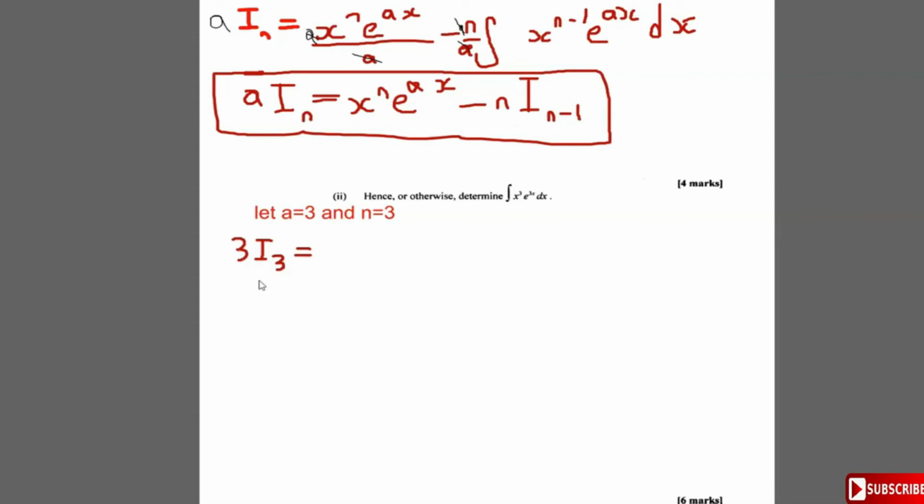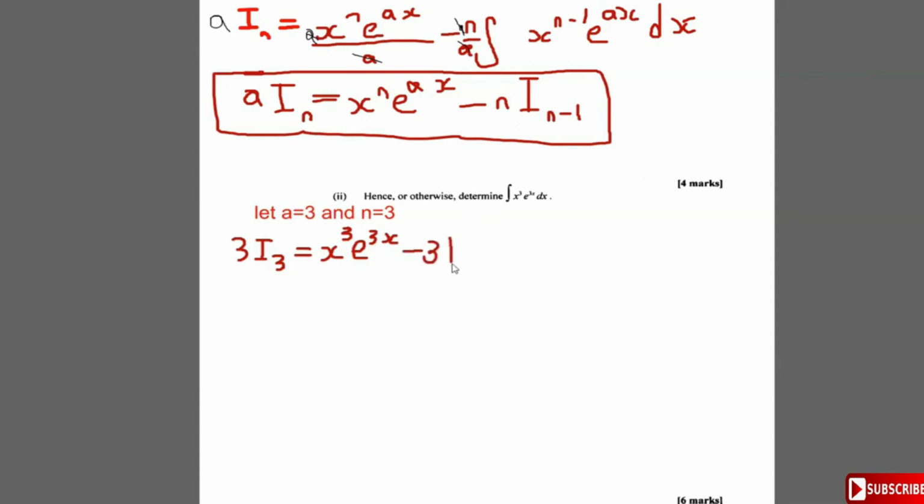So all we need to do is divide by 3 to get I3. So I3 is going to be equal to x cubed e to the 3x minus n times, which is 3 times 3 minus 1, is I2.